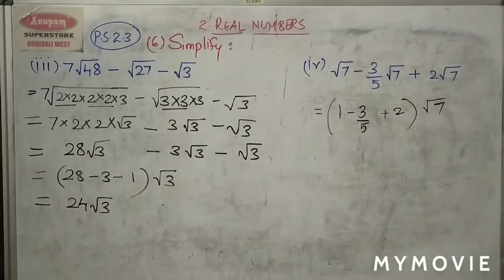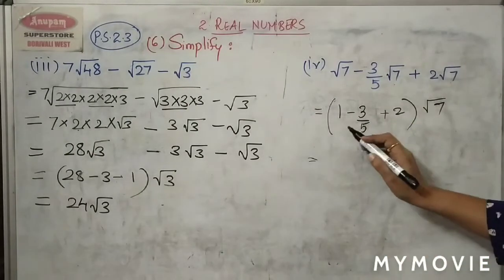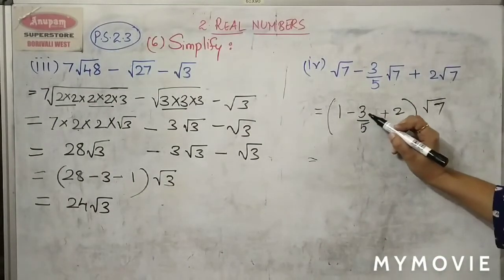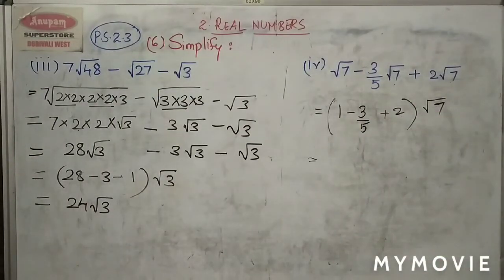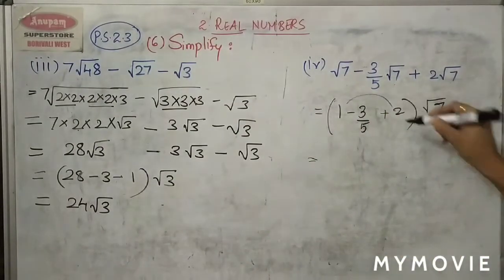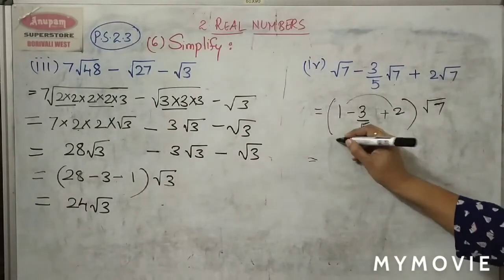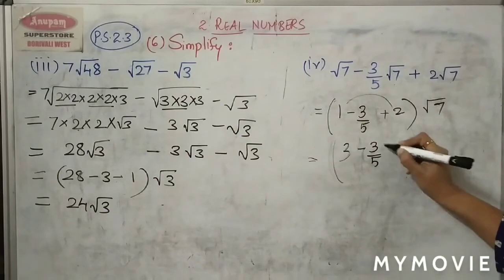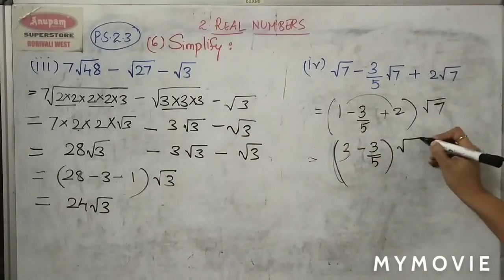Okay, so what I need to do here is, if I have a fraction with 5, I will multiply all these numbers with 5. Or else the other way is you add 1 plus 2 first, that can be done. So this will give you 3 minus 3 upon 5, into root of 7.